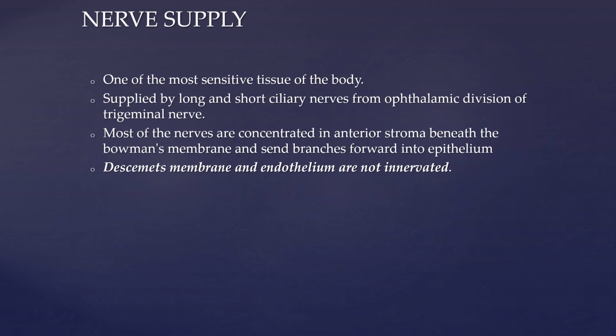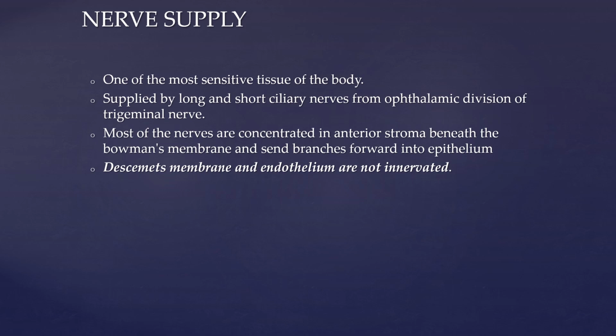Now the nerve supply of cornea. Cornea is highly innervated and one of the most sensitive tissues of the body. Its sensitivity is many times greater than the sensitivity of skin. It is supplied by long and short ciliary nerves, which are the branches of the ophthalmic division of the trigeminal nerve.